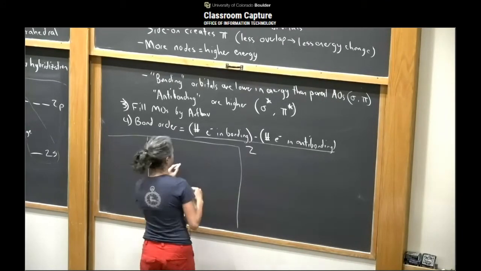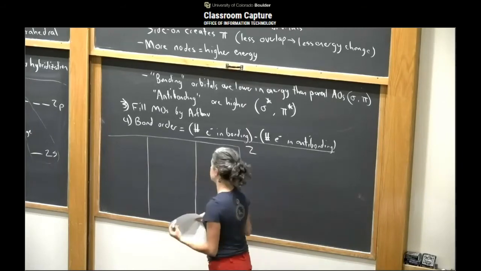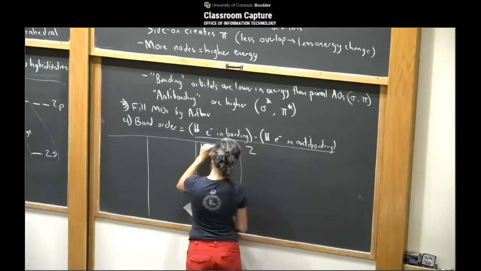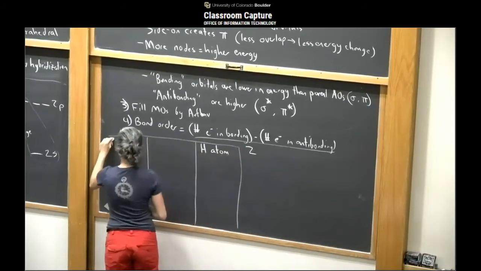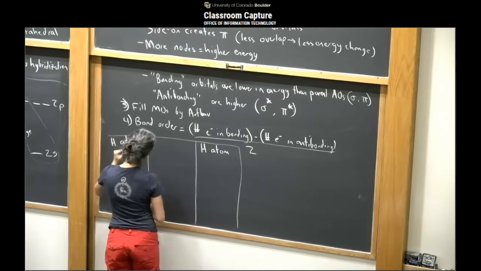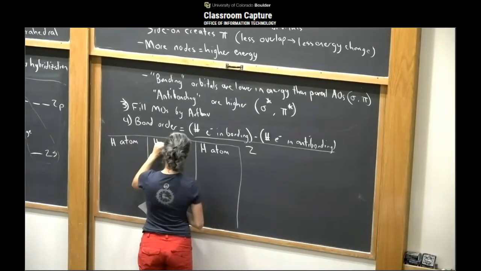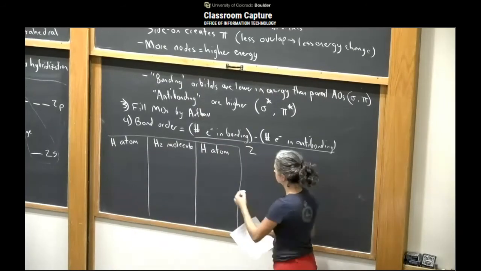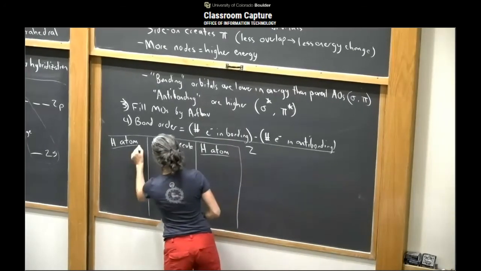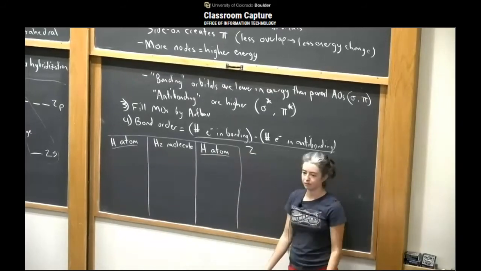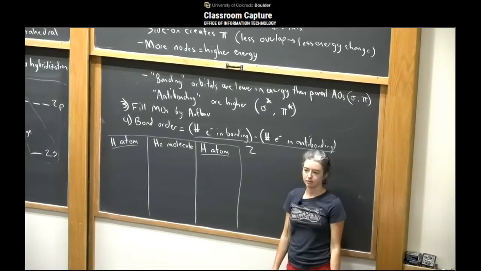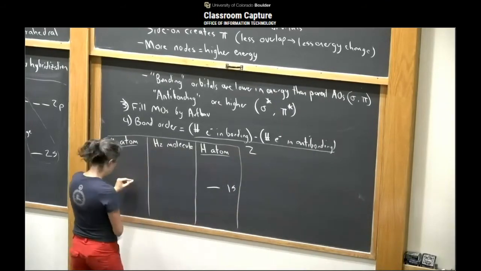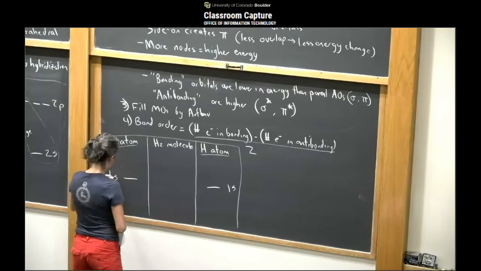So we're going to do three columns here: a single H atom on the right, a single H atom on the left, and the H2 molecule that they make gets generated in the middle here. What atomic orbital am I looking at for each of those atoms? 1s, right? Nice. Okay, so 1s here, 1s there.